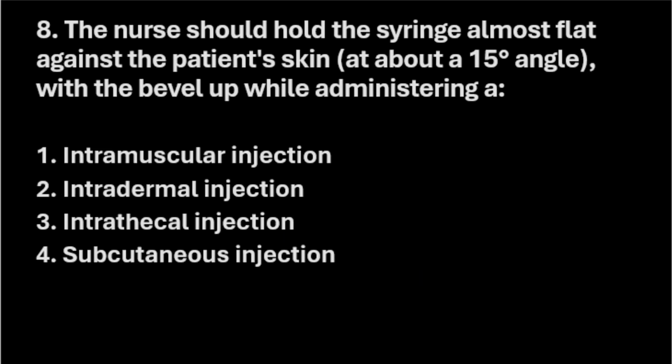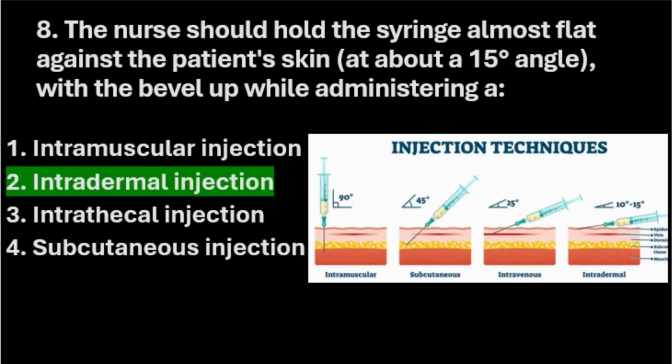Next question. The nurse should hold the syringe almost flat against the patient's skin at about 15-degree angle with bevel up while administering option 1 intramuscular injection, option 2 intradermal, option 3 intrathecal, and option 4 subcutaneous injections. Right answer is intradermal injection.